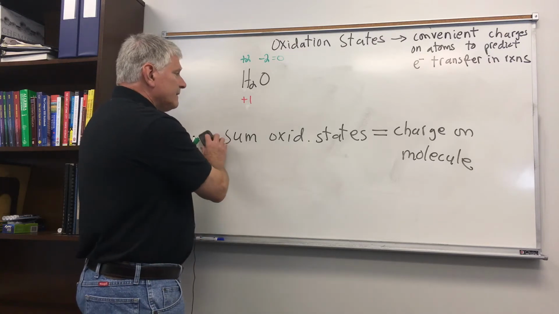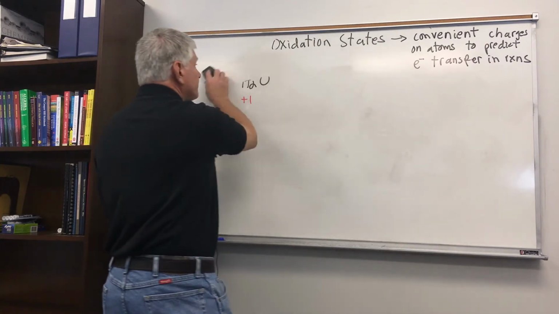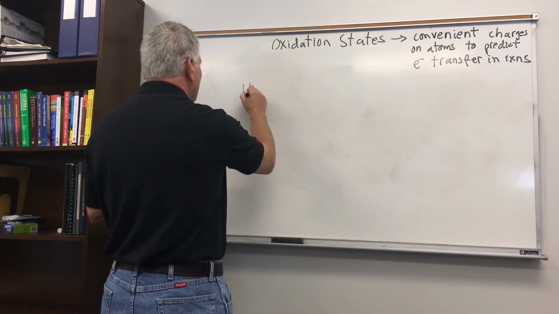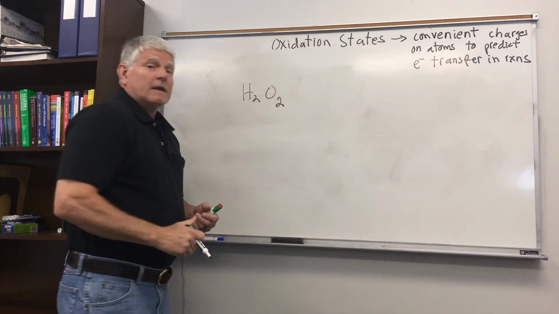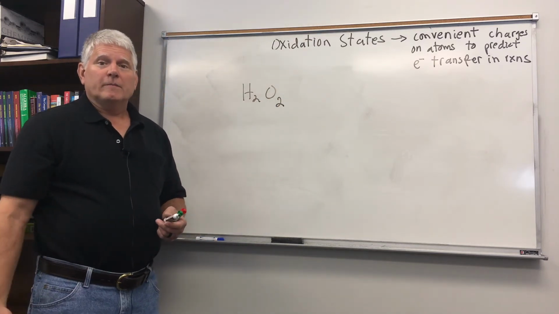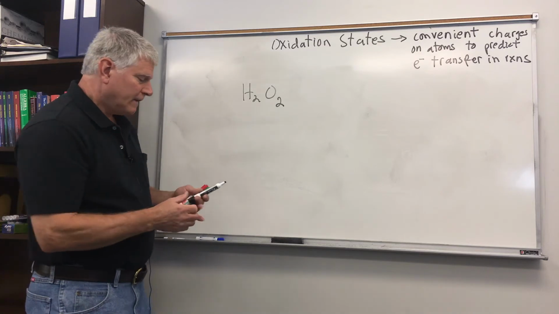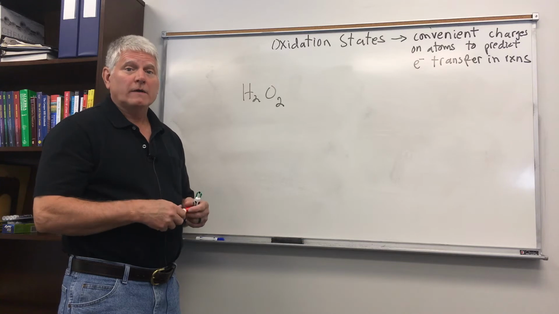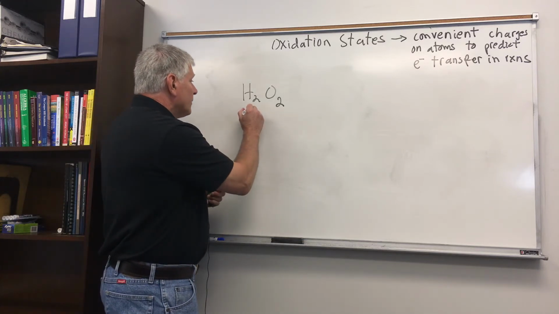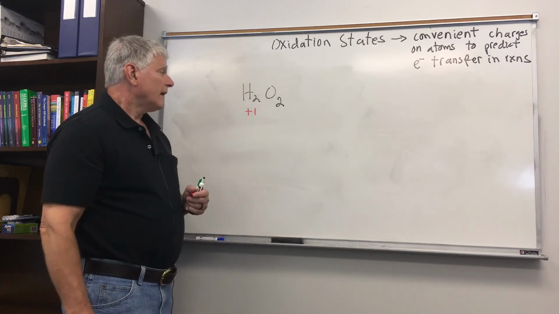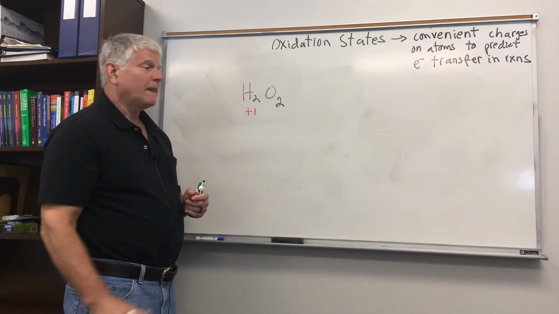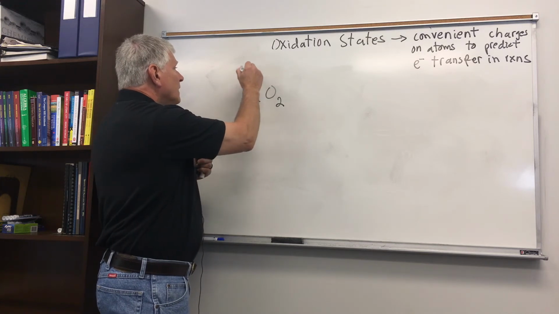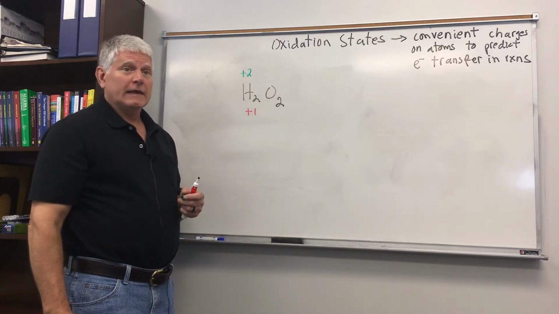But what if we had this example? Now you've heard of hydrogen peroxide. You can buy it at the store. And we assign hydrogens before oxygens, and so we would assign each hydrogen an oxidation state of +1. That means we have a total of +2 for both hydrogen atoms.